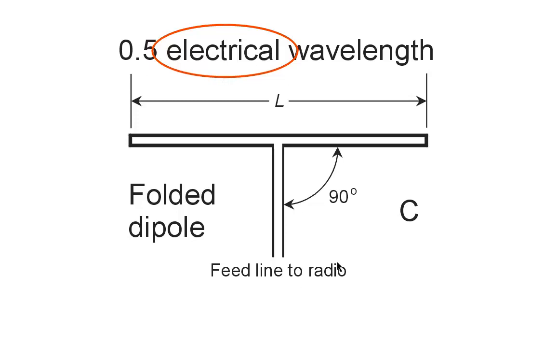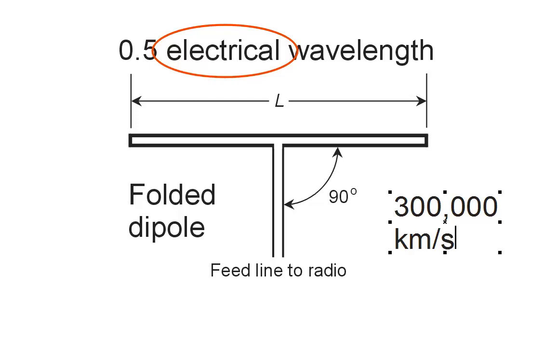Remember that a free space wavelength depends upon the frequency of an electromagnetic wave. The speed of an electromagnetic wave in free space is 300 million meters per second, or 300,000 kilometers per second.